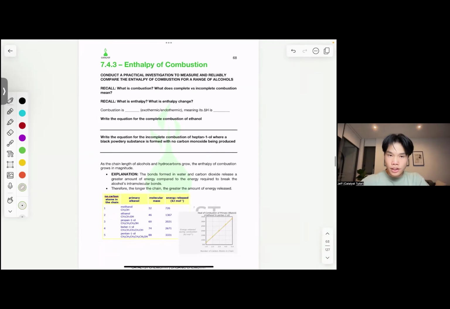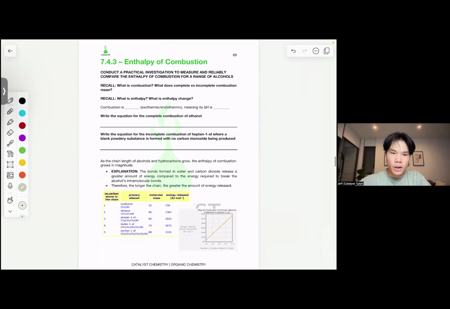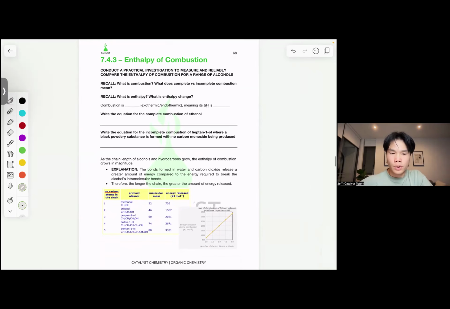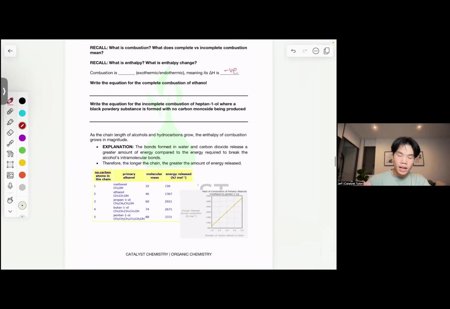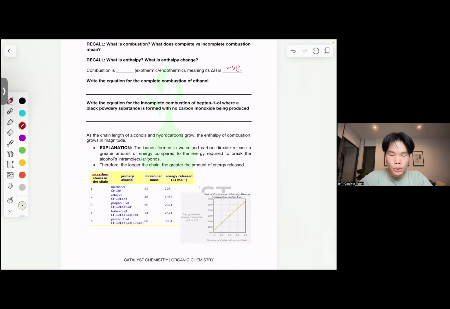Enthalpy of combustion. Similar to what we talked about yesterday on enthalpy of neutralization, you need to know your equations inside out. Combustion is a very exothermic process, meaning delta H is negative. You should be able to write equations for combustion using your reactants and products.